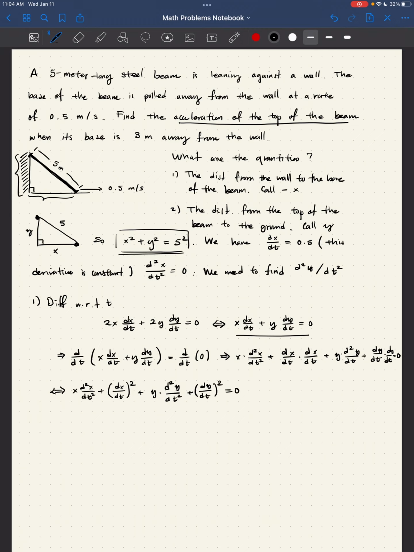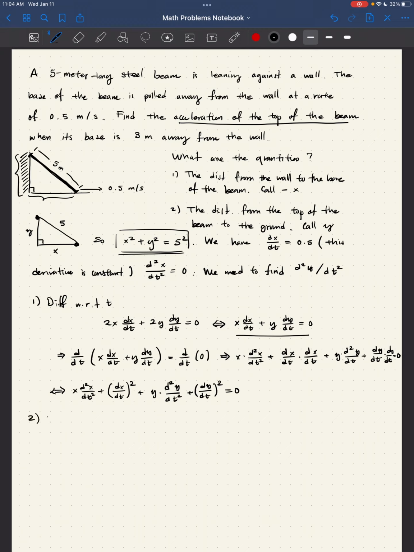So this will be our guiding equation. Now, all that we need to do is to simply indicate the values associated with the unknowns.